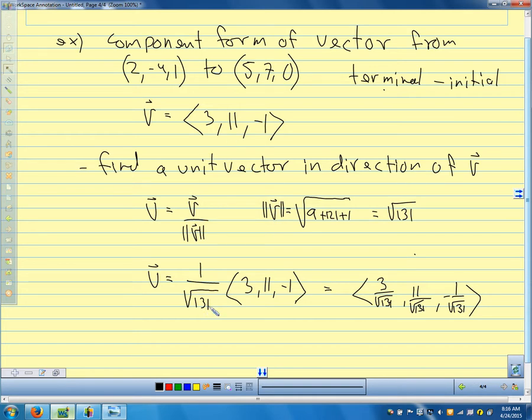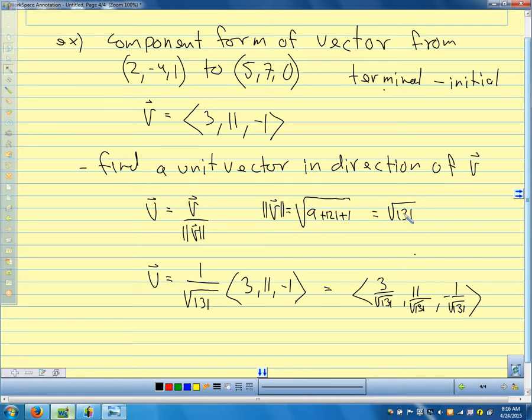The unit vector has magnitude 1. I wrote it this way instead of v over the magnitude of v, because dividing by the magnitude of v is the same as multiplying by the reciprocal. And what is the value of v?